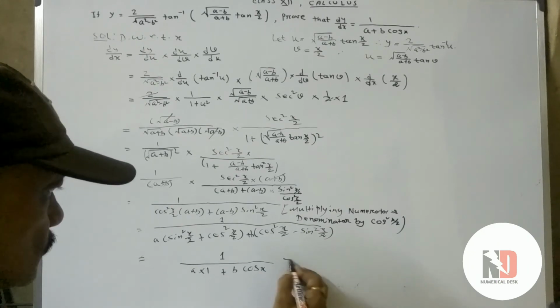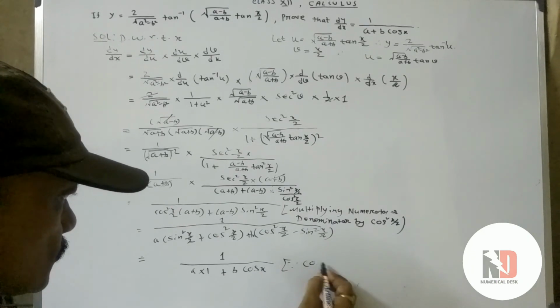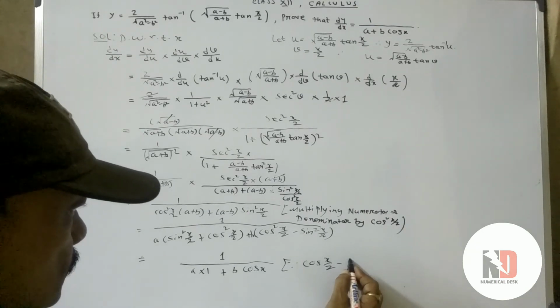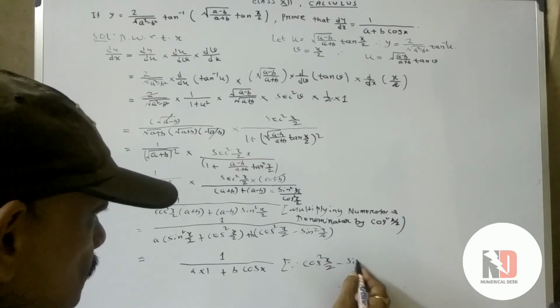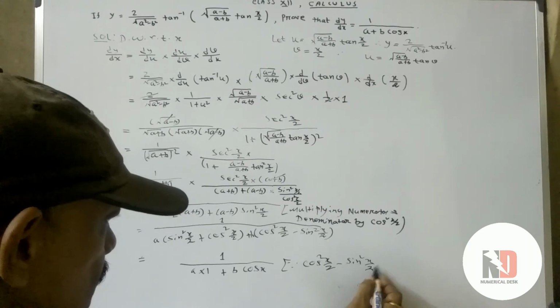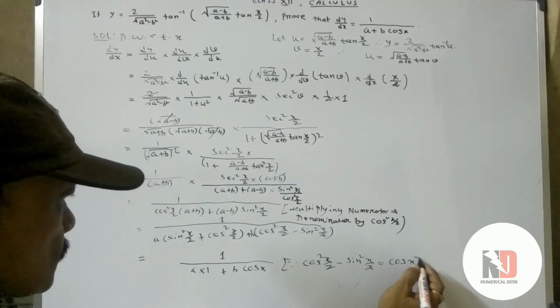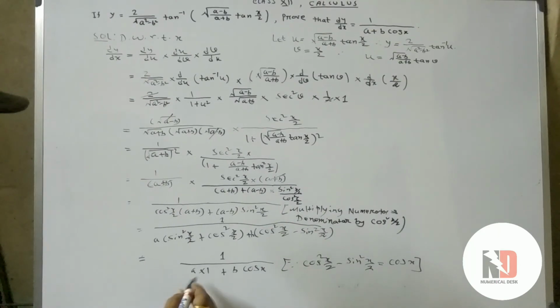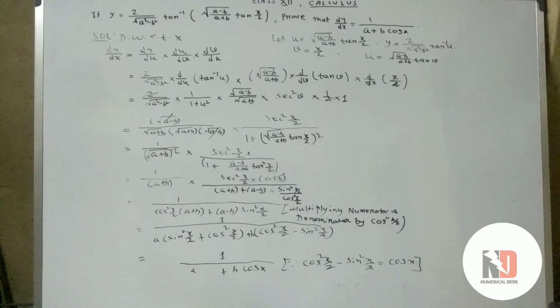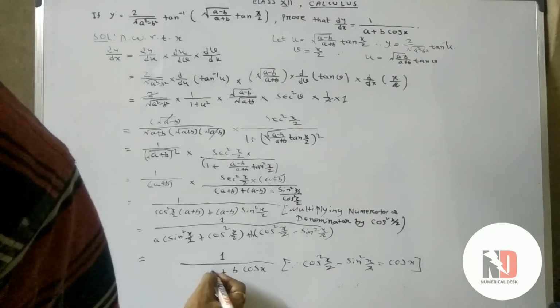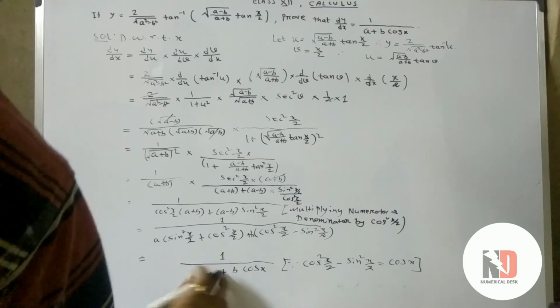It is from the submultiple angles you learned in class 11. So into sin squared x by 2 equal to cos x, you know, from the submultiple angles learned in class 11. Okay, hence proved. So no need to write down a, because sin square theta plus cos square theta equal to 1. So write clearly a plus b cos x.